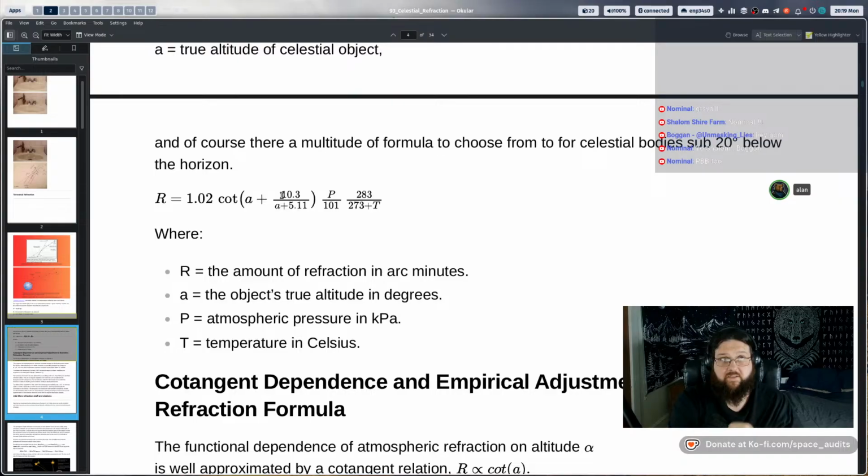So if you can think of the tangent function showing how the star converges to 0, the opposite would be we need a lifting function as it converges to 0. So this 10.3 and the 5.11 here are just offsets to the angle that you apply. They have nothing to do with the amount of actual refraction in the area.